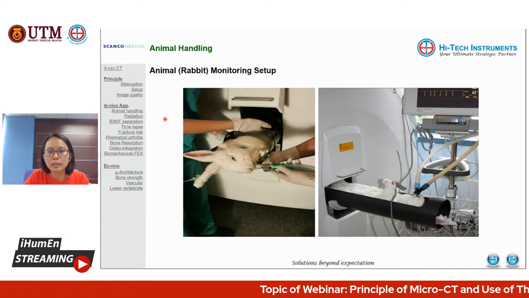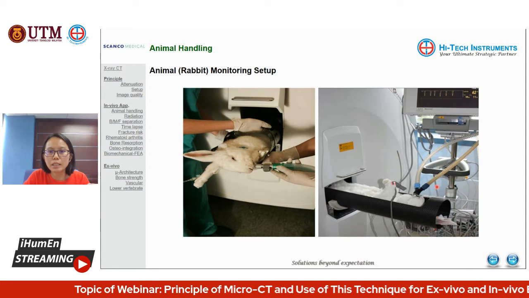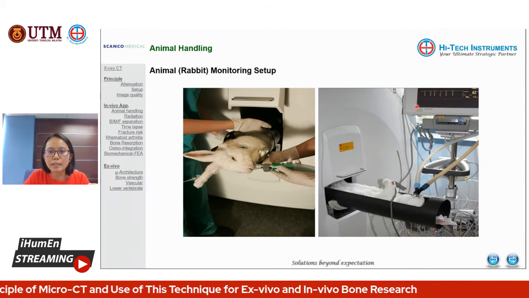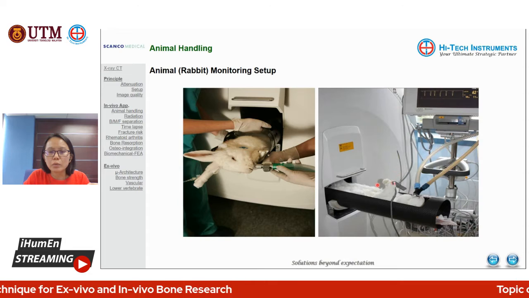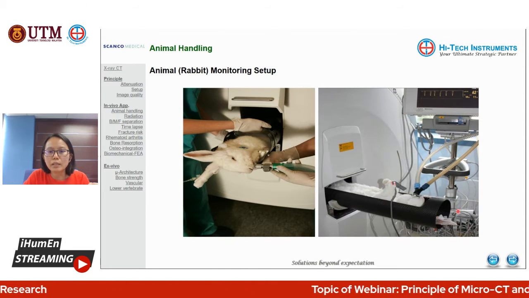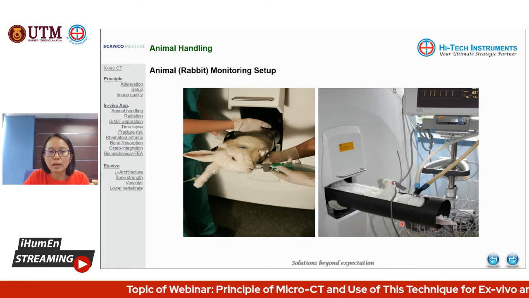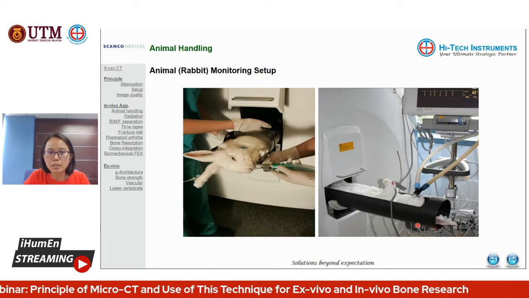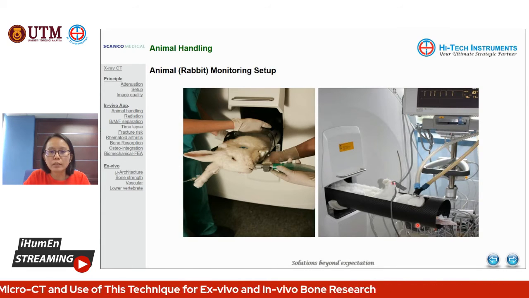This is another monitoring setup for a rabbit. You can see this is the real-time monitoring of the heartbeat and also the breathing cycle. And it's also measuring the pulse itself, and it's being administered with isoflurane gas constantly to keep the animal unconscious throughout the whole scanning itself.